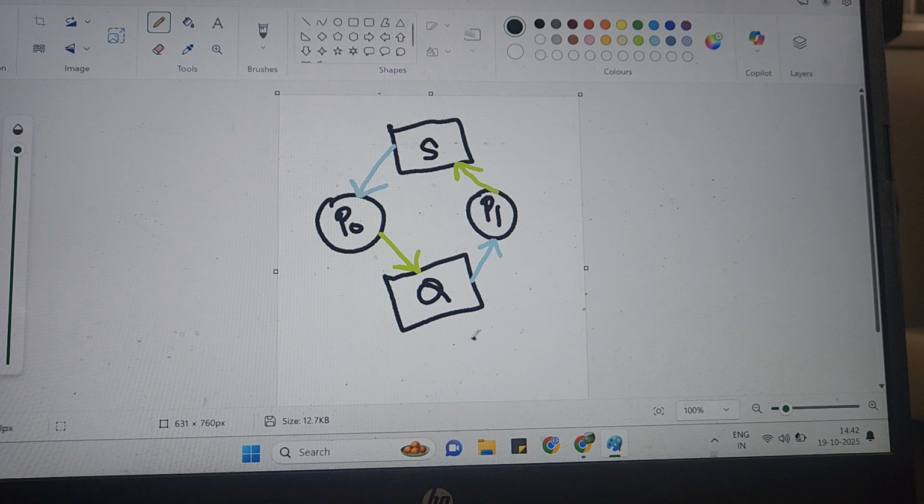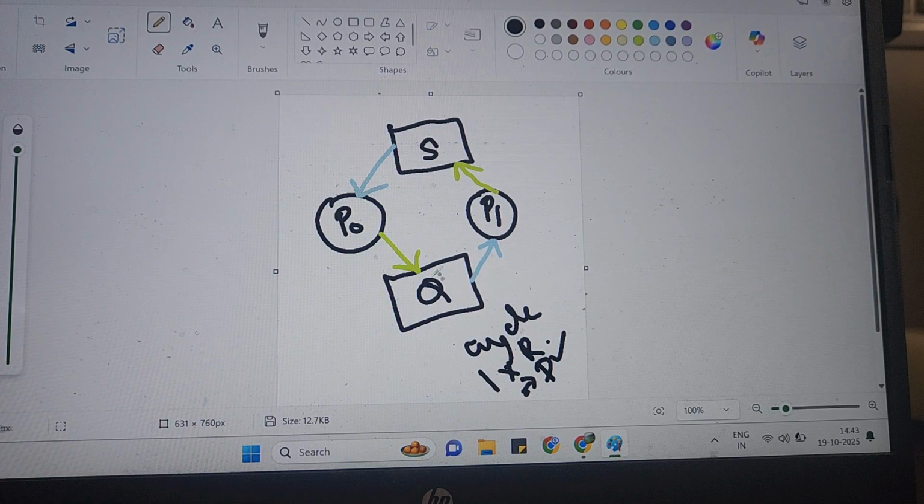So here you see that there is a cycle and there is only one instance of each resource. This means you have a deadlock. So if there is no cycle, no deadlock. If there is a cycle, you check whether there is at least one resource type for which you have multiple instances. In this case, no, which means this process wants this, but this has been given here.